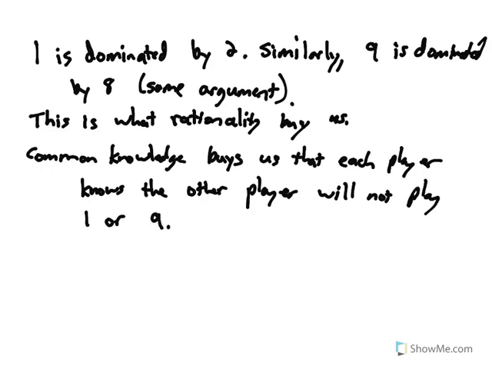Okay? So we're trying to find the rationalizable set of strategies. The common knowledge of rationality suggests that 1 and 9 are not rationalizable. Right? They're dominated for both players, and they both know that about each other. So it's as if 1 and 9 on our boardwalk don't even exist.